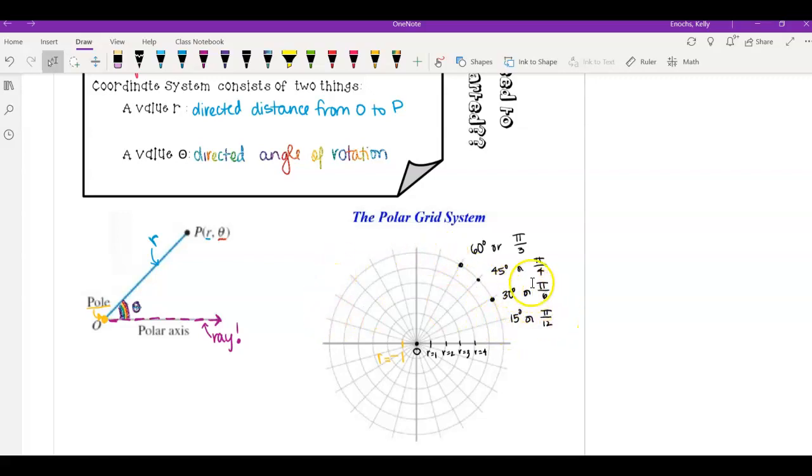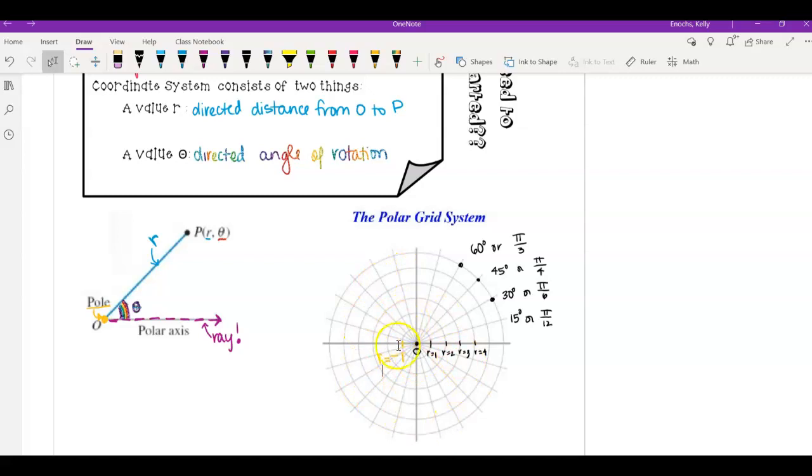And as you go up, you will add more pi over 12s together and then reduce that to get your typical measurements that you would find on your unit circle. As a reminder, this 15 degrees is not normally on our unit circle, but 30, 45, and 60 are. So that's kind of your basics of your polar graph system.